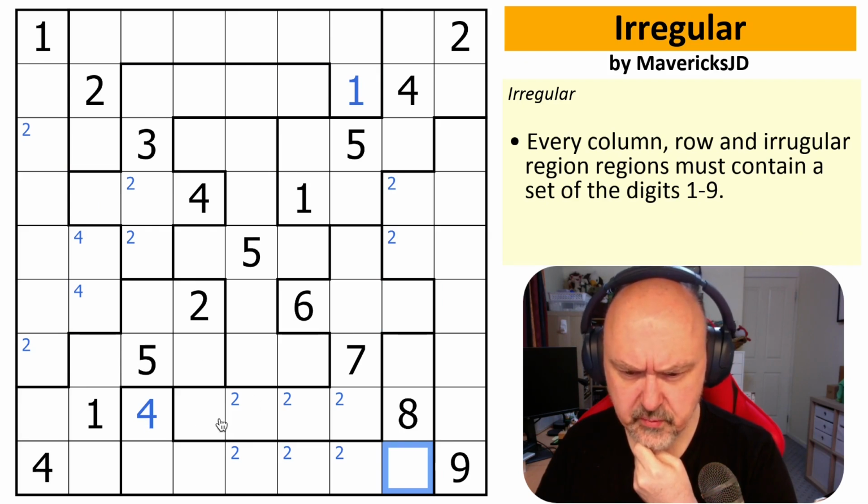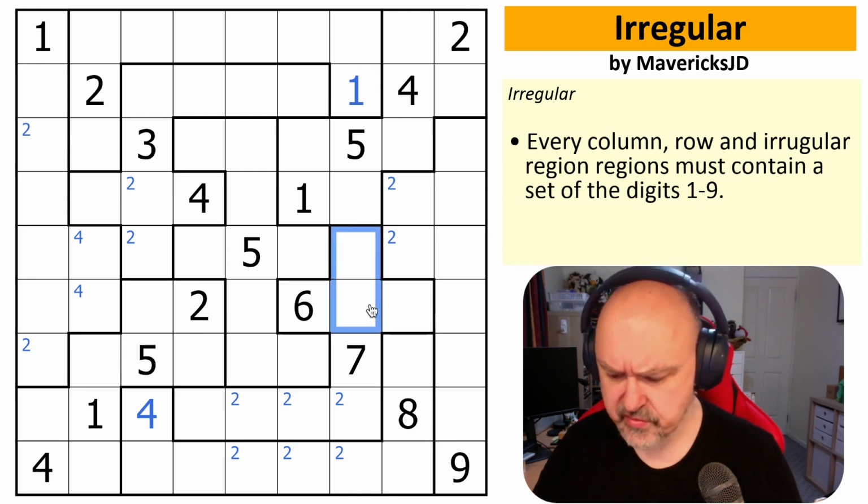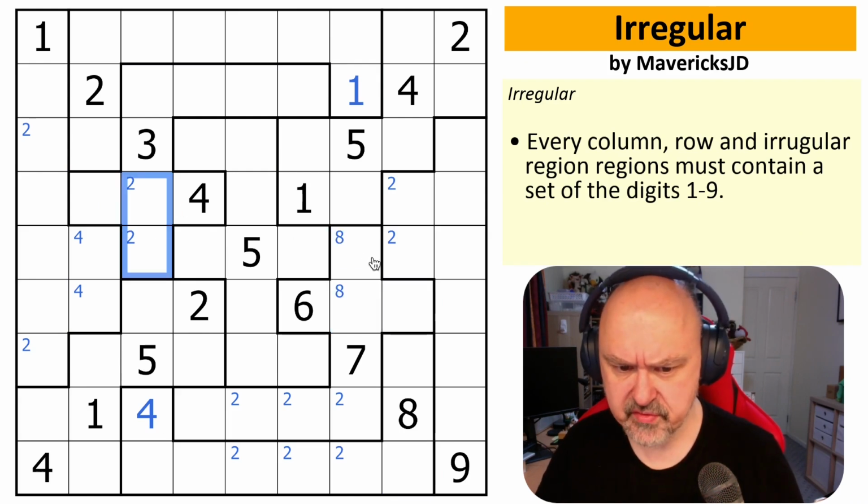Wow, I'm really not sure where I'm looking here. 8 is in one of those two for the same reason 2 is in one of those two.